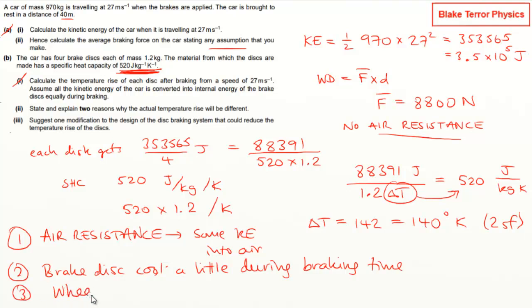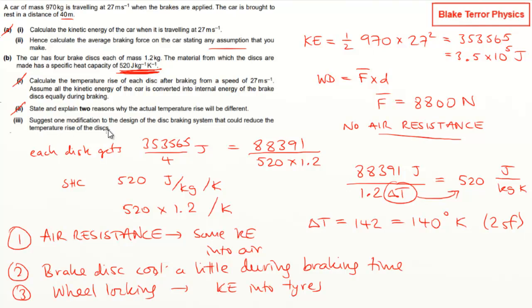We might get wheel locking. If you've got wheel locking, then you're going to get heat going into the tyres, because the tyres are suddenly going to be rubbing along the ground with extra friction. So that's going to be kinetic energy into tyres. So that's 3 things.